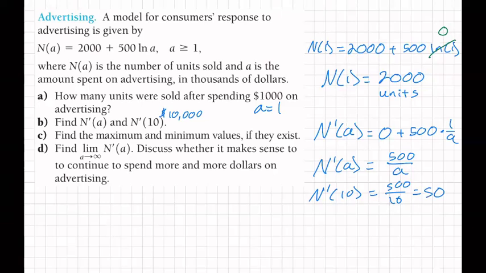So we expect the number of units sold at $10,000 to be increasing by 50. So there will be 50 more units per the $10,000 spent on advertising. The reason I say 50 more is because the 50 being positive is how I know it's increasing.